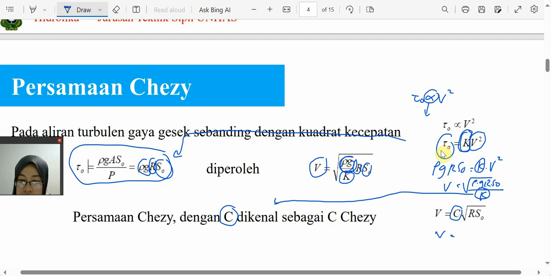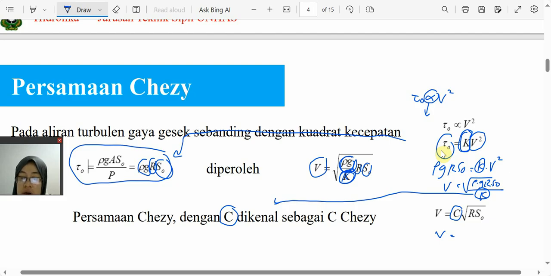So the rho g over K becomes the coefficient of Chezy. The Chezy coefficient already considers the density, the gravity, and some coefficient, which is the roughness factor of Chezy.